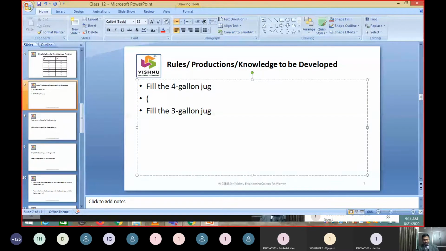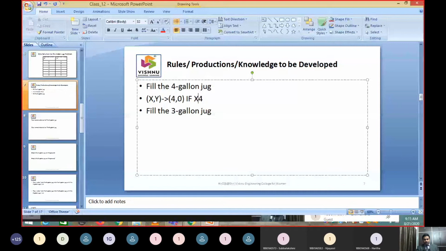Yesterday I wrote, if X represents my 4-gallon jug and Y represents my 3-gallon jug, the production can be something like, when you fill this, you can get 4,0. So you can have a condition like if x is less than 4. You need to write rules in such a way that your algorithm will move from one state to another state.